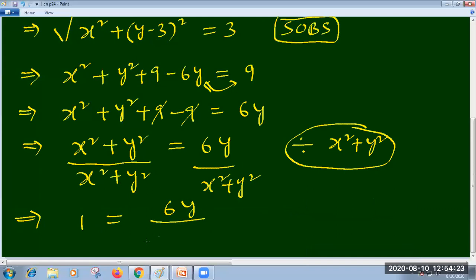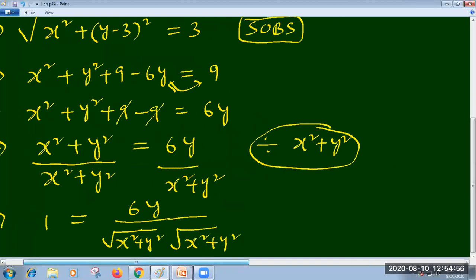So this can be written as root x square plus y square times root x square plus y square. I am writing this one. So this is nothing but under root x square plus y square is mod z. So under root x square plus y square can be taken as mod z bar.